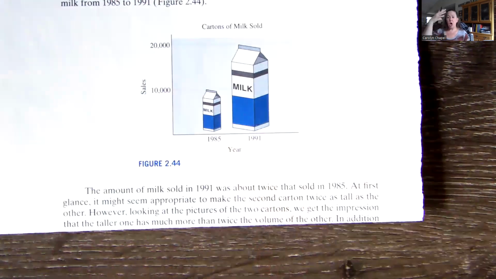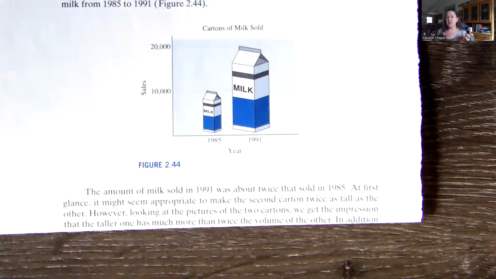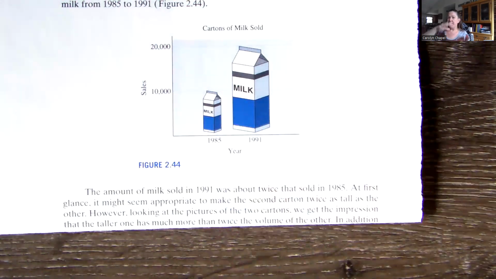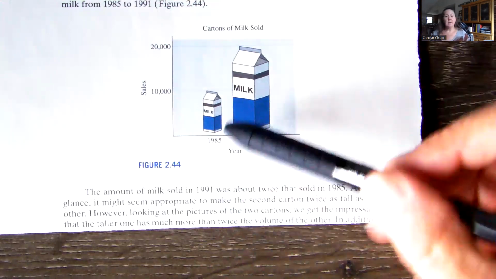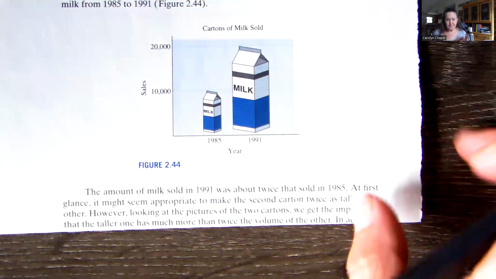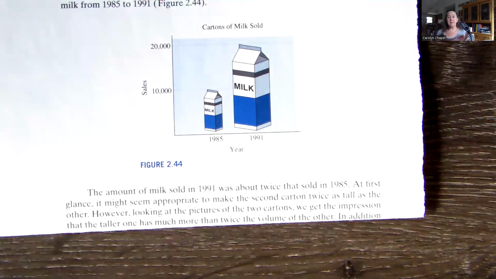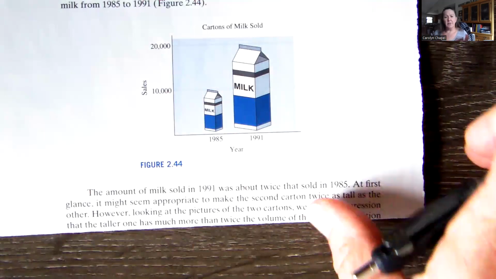It not only got taller, it got wider. So by creating these pictures, yes, the proportions are still the same, but by making it not only taller but wider, we're overemphasizing the increase in milk carton sales. So again, sometimes using pictures can be misleading or can just kind of clutter the whole thing up.